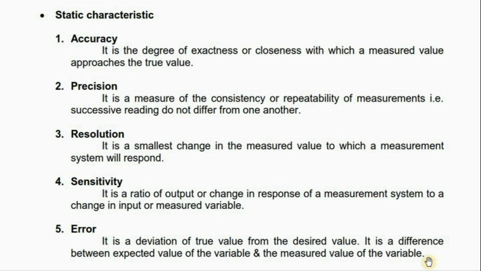Let us take an example. Suppose you are measuring a voltage with the help of a voltmeter. Now the true value of the voltage is 12.3 volts, and the measuring instrument is showing you only 12.1 volts. What was actually desired?